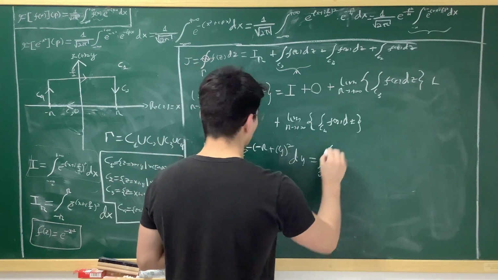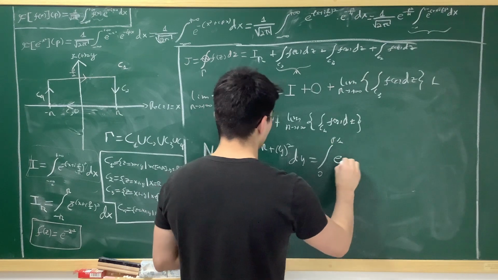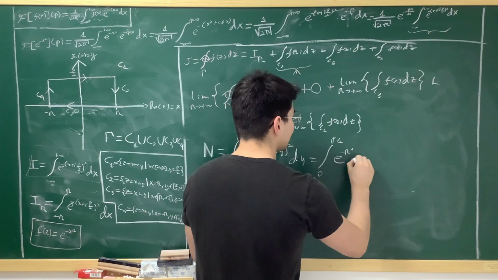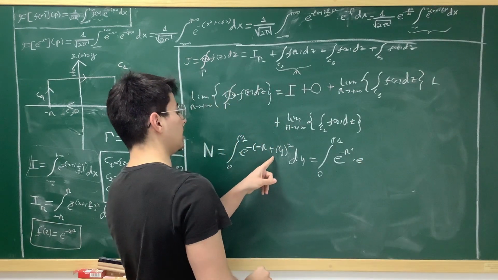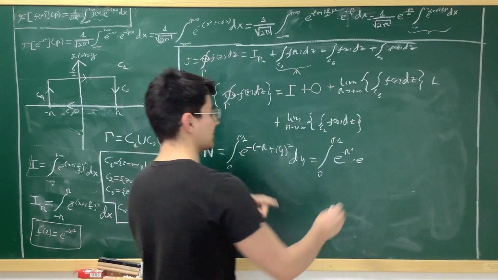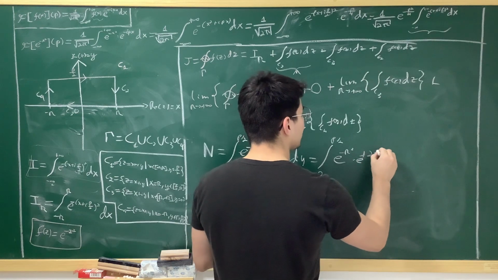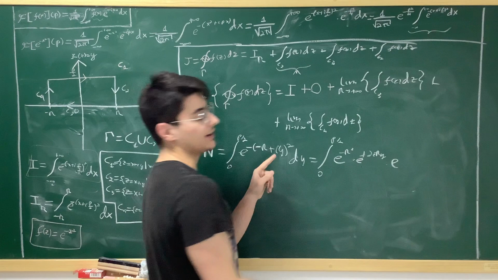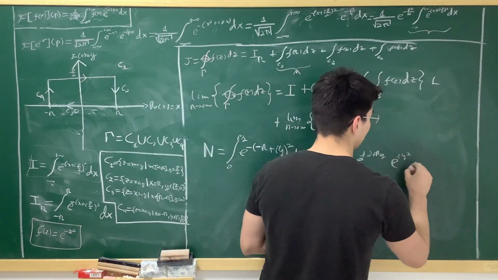And well, it's doing exactly the same. What do we get? We get e to the minus r squared times e to the plus 2iry times e to the plus y squared dy.